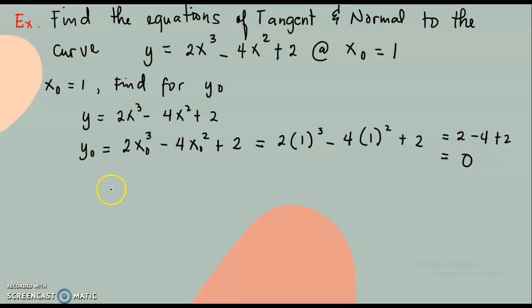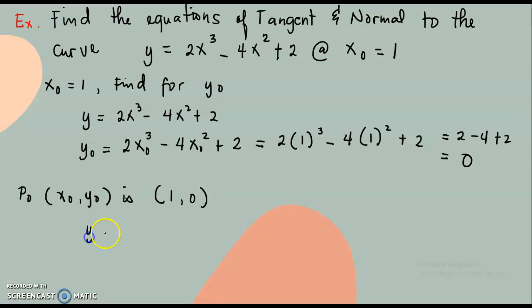Your y sub 0 is equal to 0. Therefore, our P sub 0 (x sub 0, y sub 0) is (1, 0).